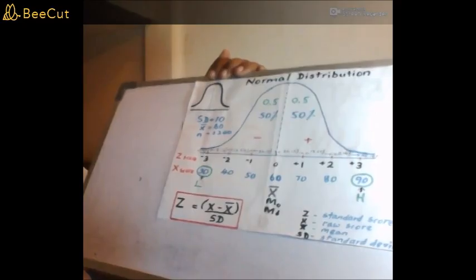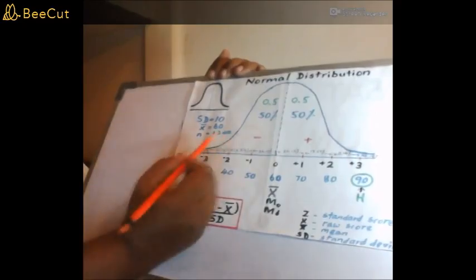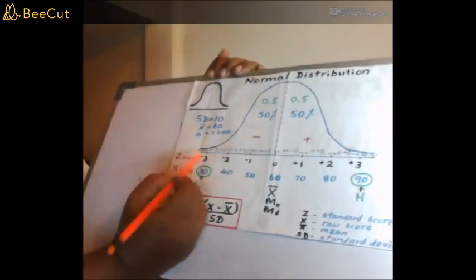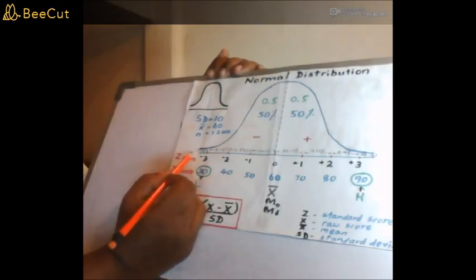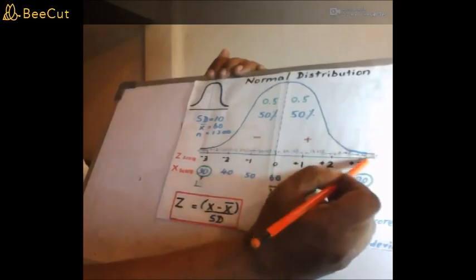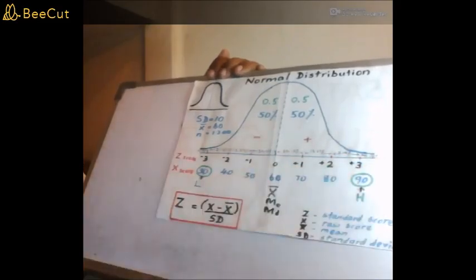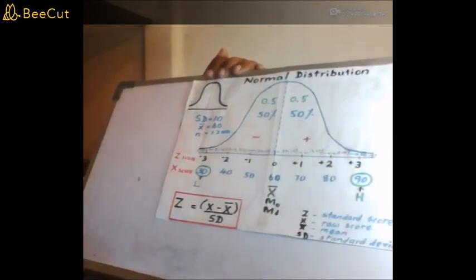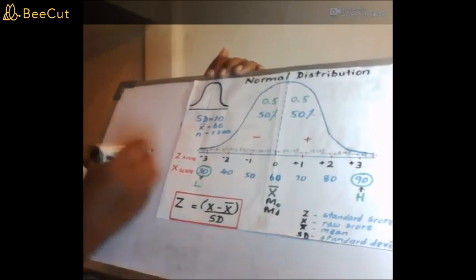Next one, number 5. The curve does not touch the x-axis. If we consider this one as the x-axis, it does not touch the x-axis. It goes to infinity. It doesn't touch the x-axis. What do you mean by touching it?